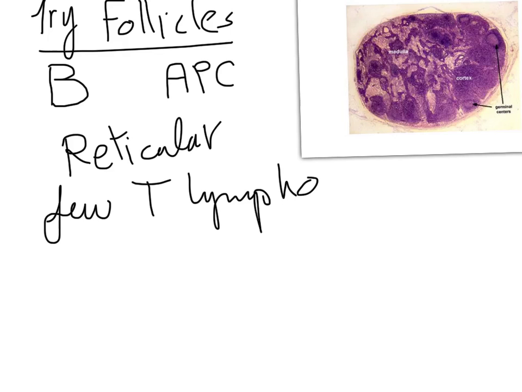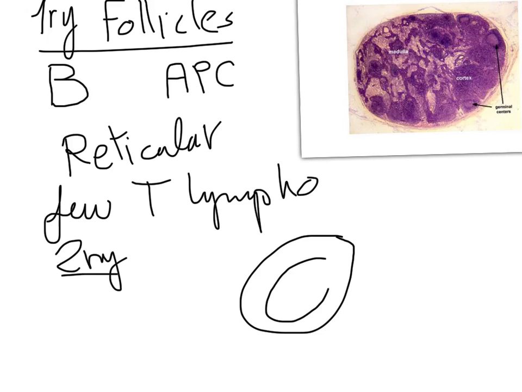What about the secondary follicle? The secondary follicle will have at the periphery, this peripheral part here is dark, and it is formed of the B lymphocytes which are not yet activated.